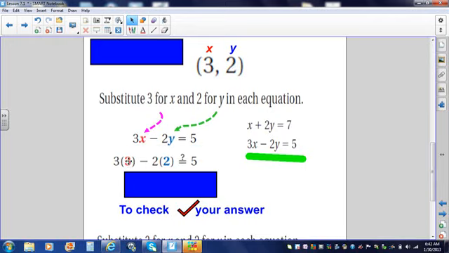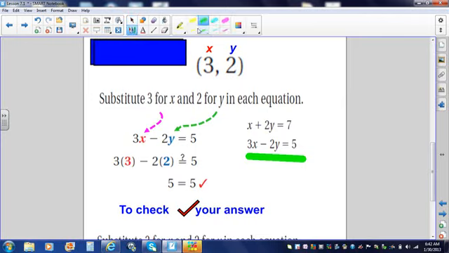This means we have 3 times 3, and we have negative 2 times 2. 3 times 3 is going to give us 9. Negative 2 times positive 2 is going to give us negative 4. We're going to do 9 minus 4, or positive 9 and negative 4. That gives us 5. 5 does equal 5, so our answer checks.